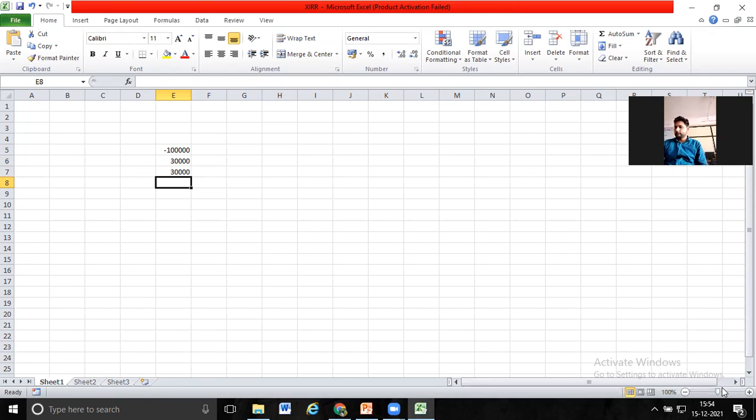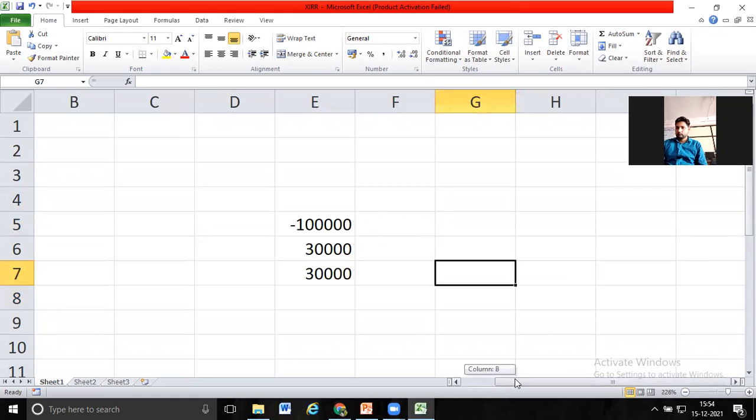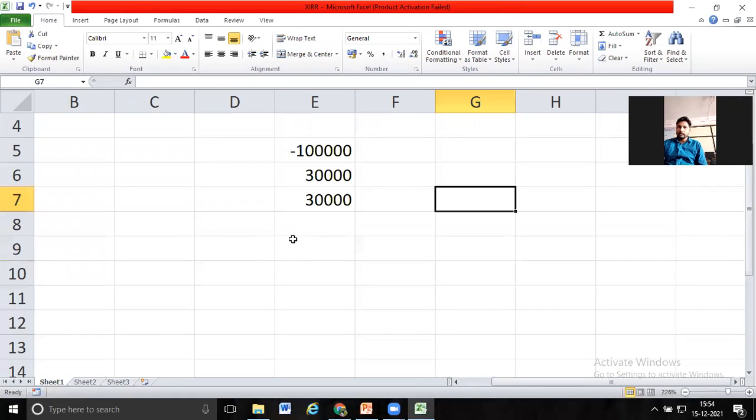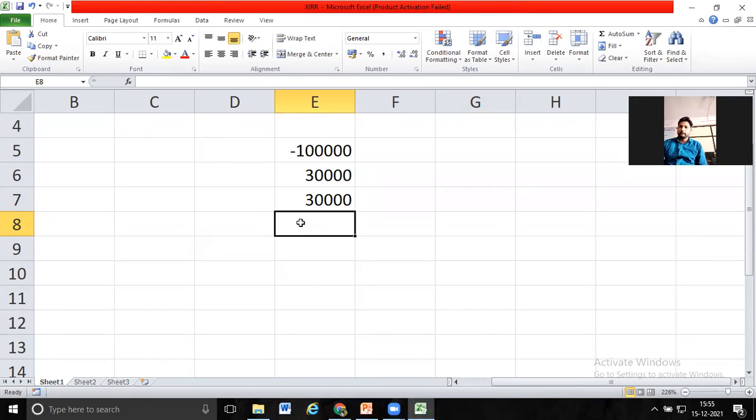I will zoom in a bit. Okay, now it is visible. So for the second year also, I have considered 30,000. Whatever our values are, then 40,000 and 45,000.